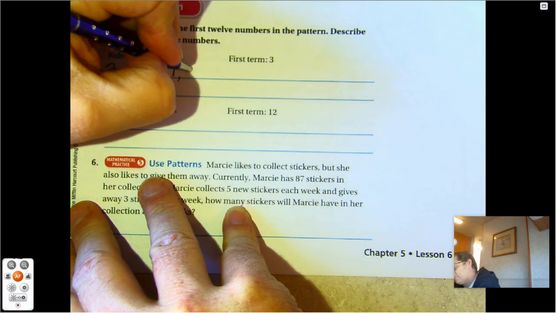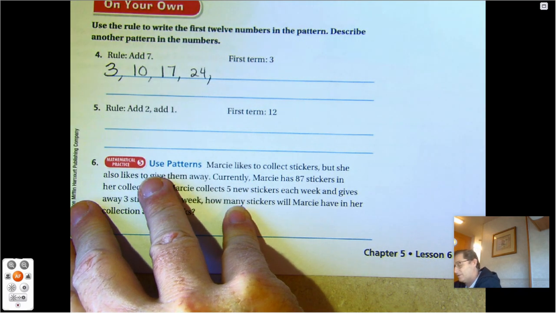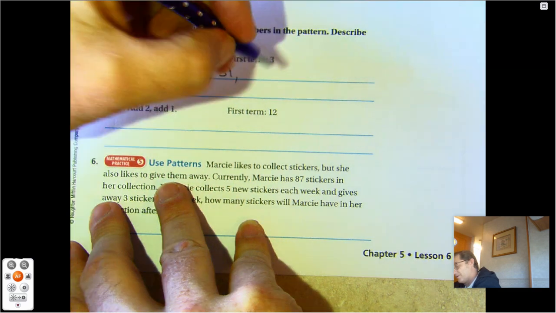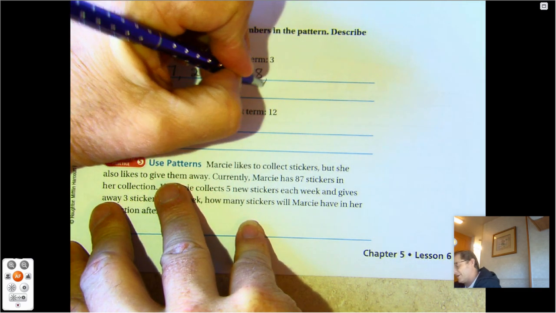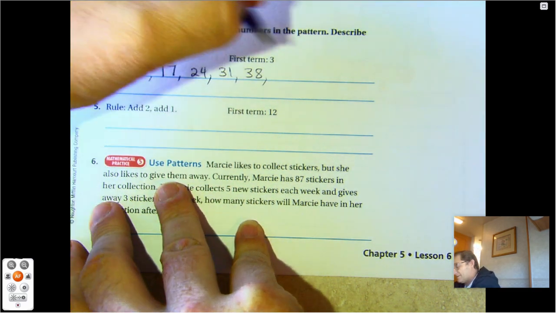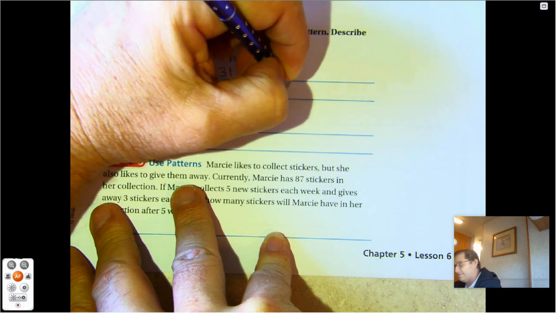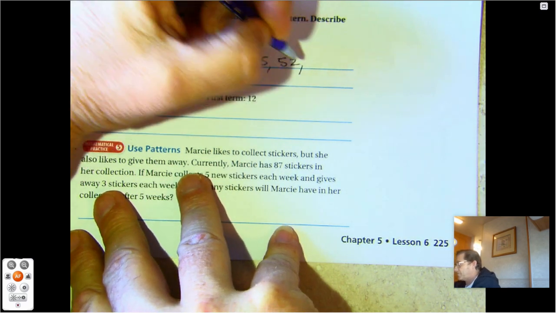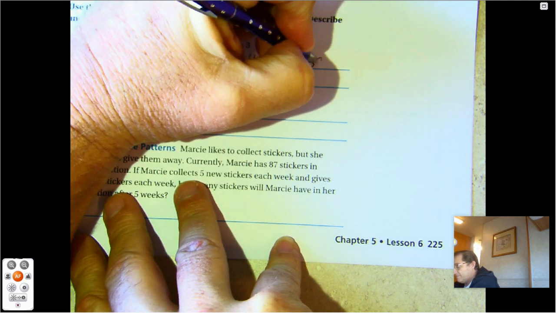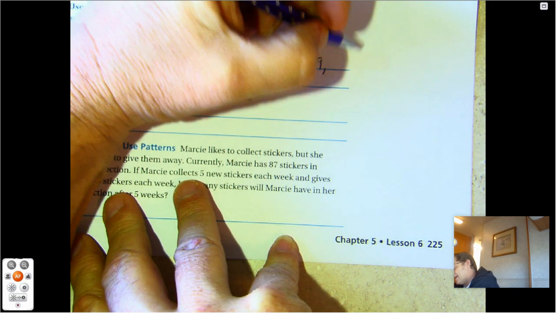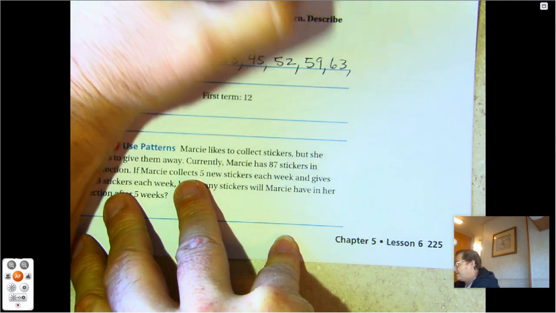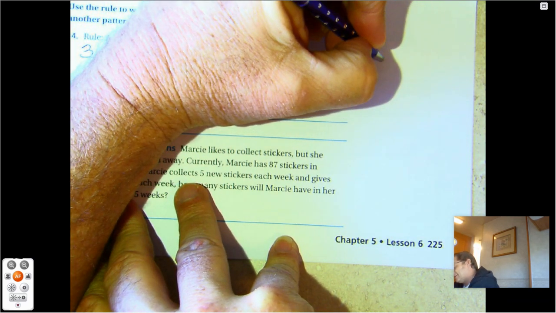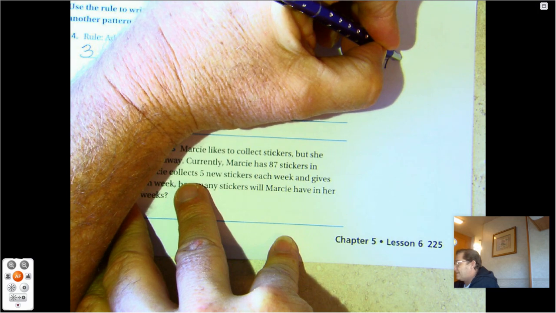Add 7 to that, we're at 24. 24 plus 7, 31. 31 plus 7, 38. 38 plus 7, 45. 45 plus 7, 52. 52 plus 7, 59. 59 plus 7, 66. 66 plus 7, 73. And 73 plus 7, 80.